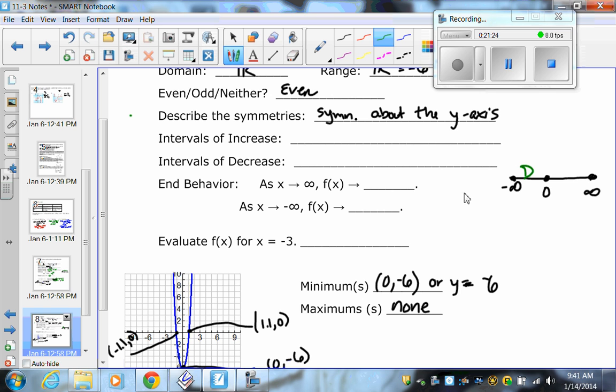And then we go up, so this increases. My intervals of increase would be from 0 to infinity, and my intervals of decrease would be from negative infinity to 0. In end behavior, it looks like they're both pointing up, so these are both going to be positive infinities. And if I use my table of values and find when x is negative 3, we get 111.